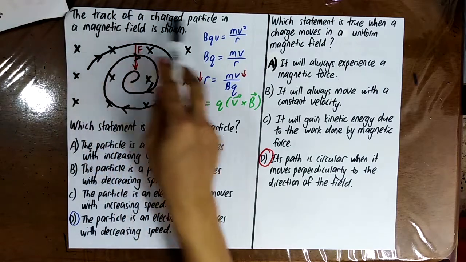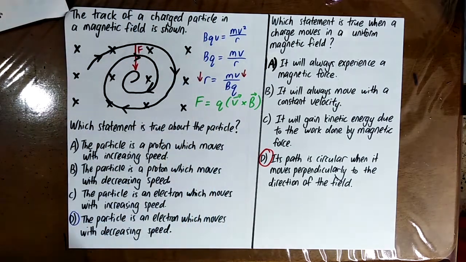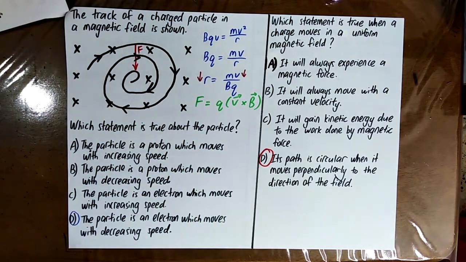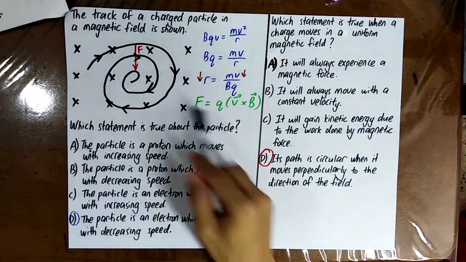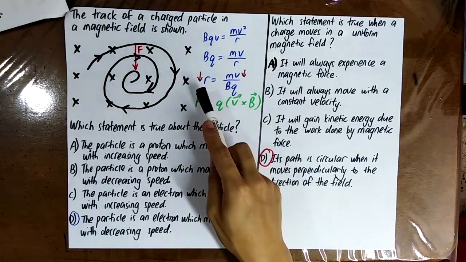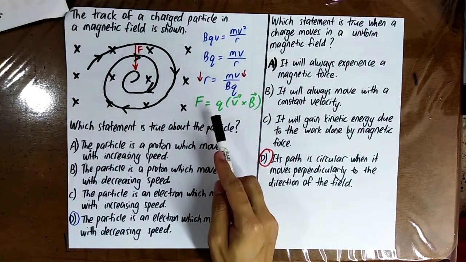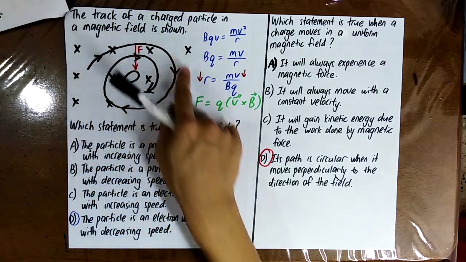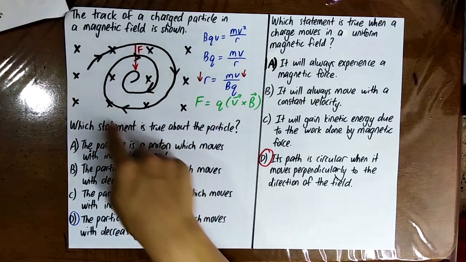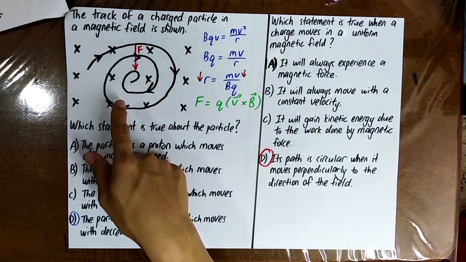The track of a charged particle in a magnetic field is shown. You know that it's a spiral shape. Which statement is true about the particle? By using this expression, R equal to mv over Bq, when the radius is decreasing, that means the particle is moving in a smaller and smaller circular path.